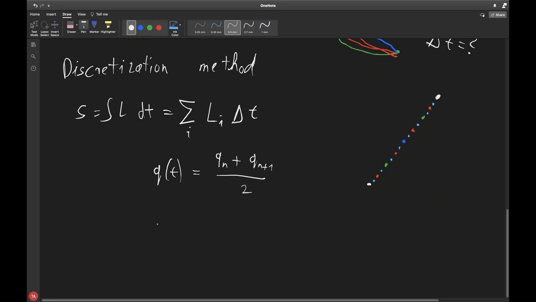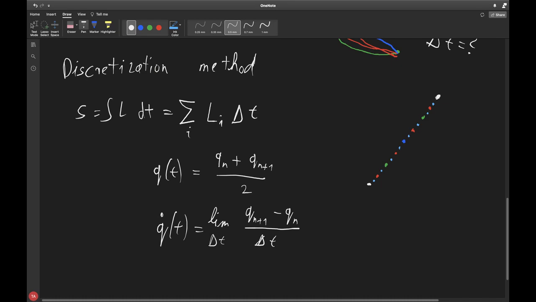And then the other thing we need to discretize is the derivative of this q. So there, essentially, we can think about what the derivative of a function is. If you don't remember that, you should go back to one of the videos describing derivatives and functions. But essentially, the derivative of a function takes the limit of delta t going to zero of the function at a point, q_(n+1) minus q_n, the point before that, divided by this delta t.